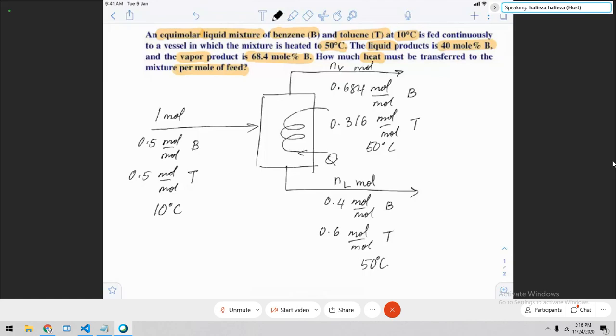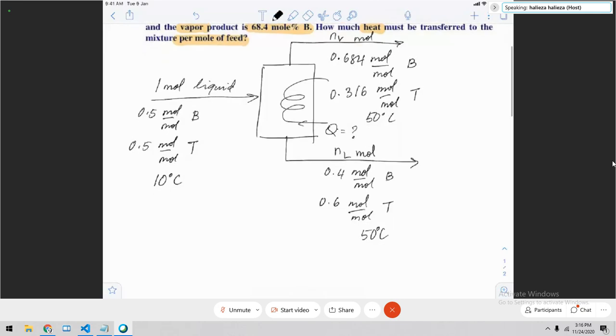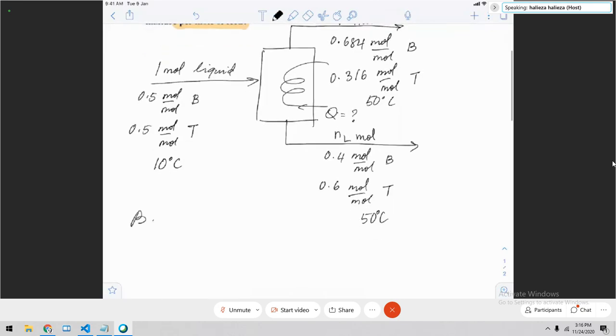So what is Q? That's the question. This is liquid coming in, this is vapor at the top, liquid is at the bottom. This is quite complicated because you have two components. First, basis: 1 mole feed.